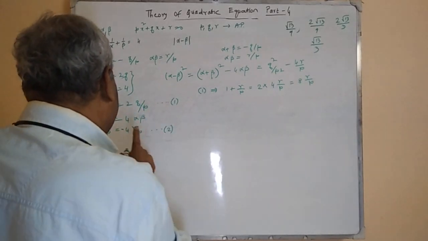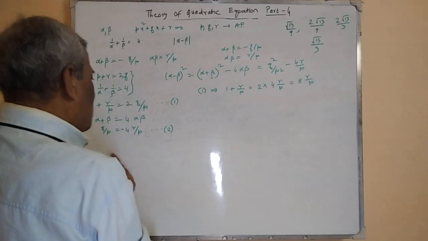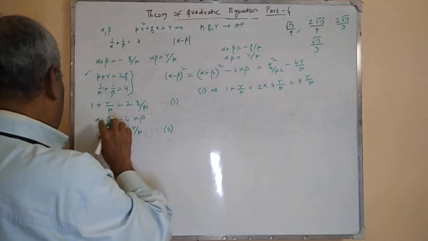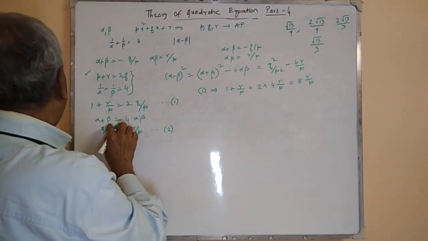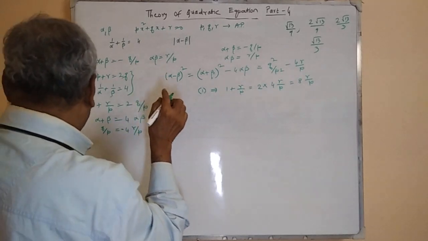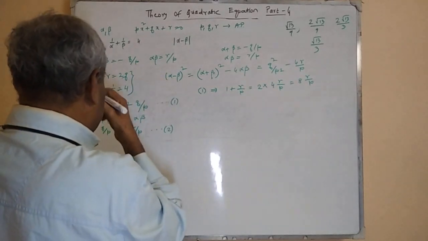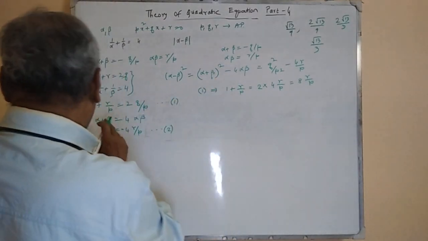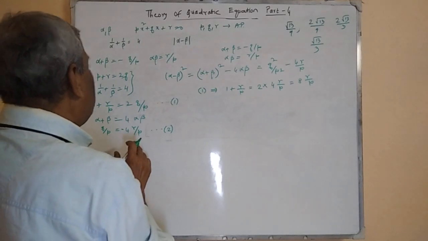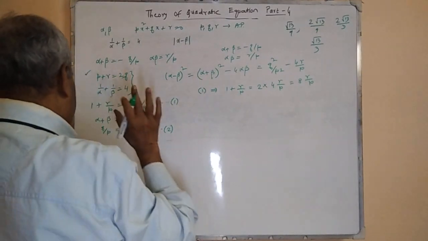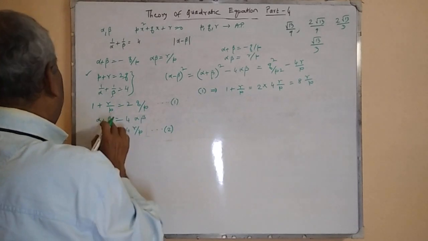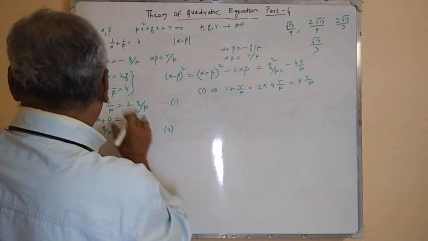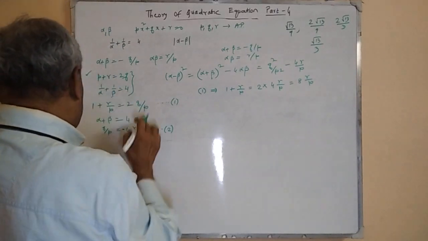Just one minute. This is 1 and alpha plus beta is equal to 4 alpha beta. I get it from there. Alpha plus beta is equal to 4 alpha beta.